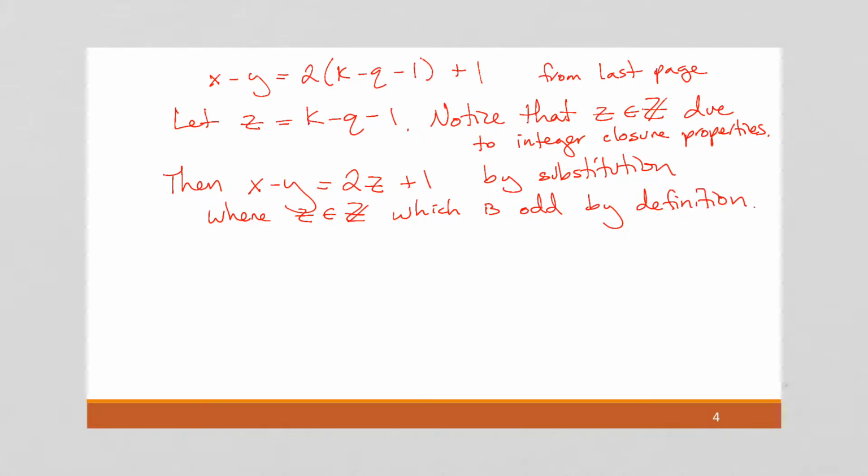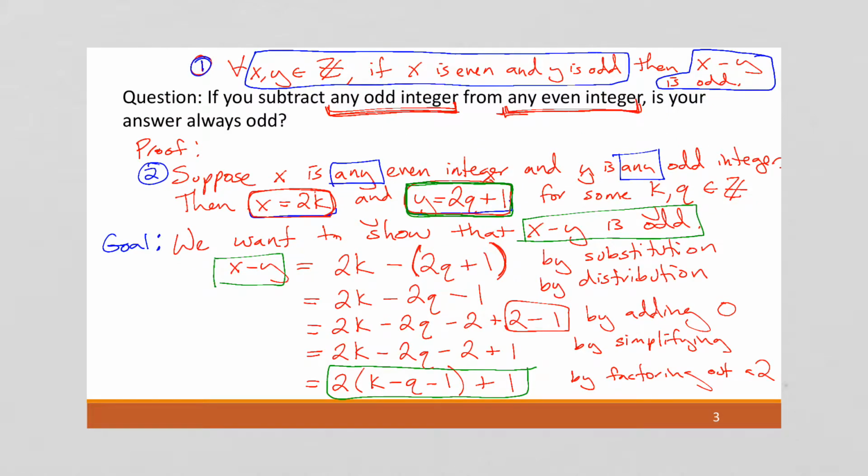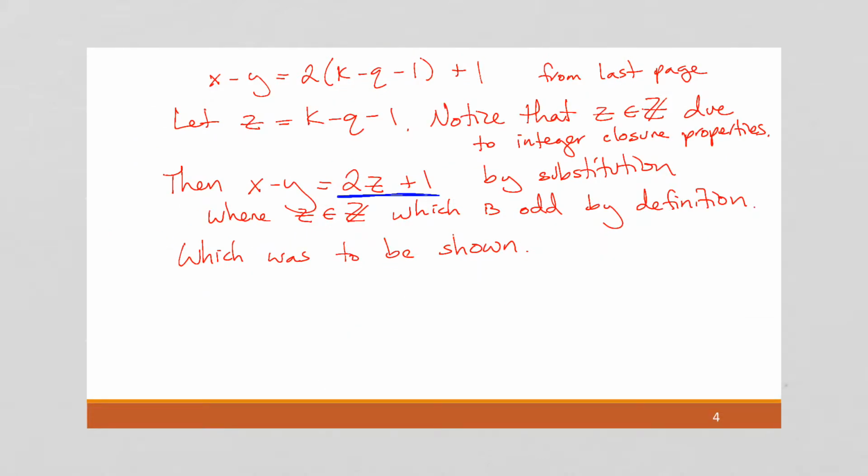Because we've now met the definition that the value is 2 times some integer plus 1. And this is which was to be shown. That was our goal over here. We wanted to show that x minus y is odd. We have just shown that x minus y is equal to 2z plus 1, where z is an integer, which is odd by definition. So that was what we were trying to show.